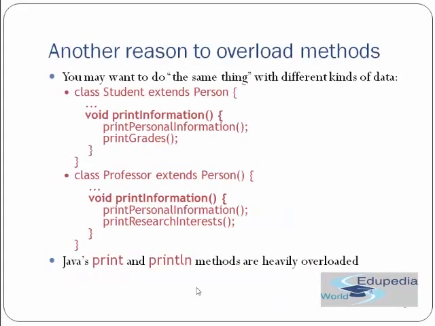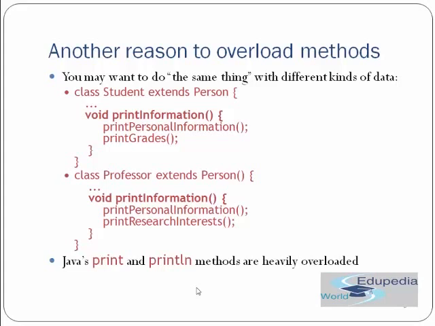Another reason to overload methods: you may want to do the same thing with different kinds of data. Let's say there's a class Student which is extending Person, and then there is a method void printInformation. This method printInformation has two methods, printPersonalInformation and printGrade. Then we have class Professor which extends Person, and again it has that void printInformation and two other methods associated with it.